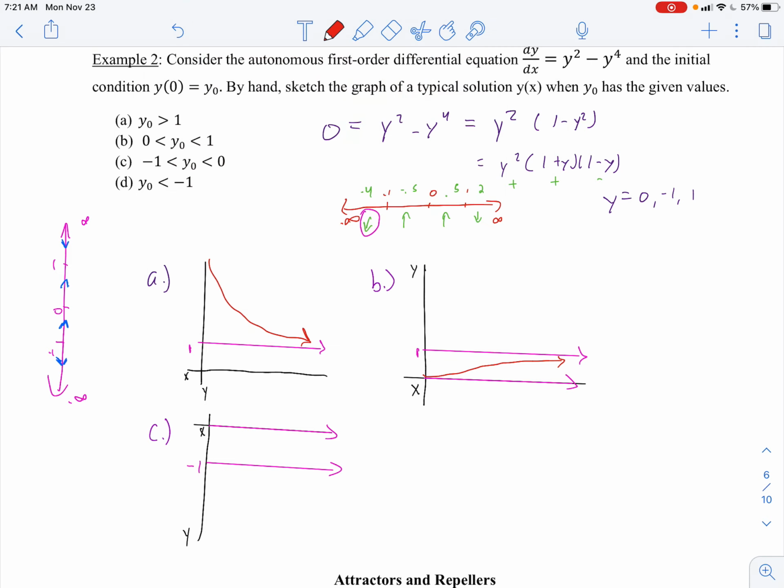And so our graph here, notice we're tending towards 0 between negative 1 and 0. So again, we're going to start close to negative 1, and then we'll be finishing up at 0.